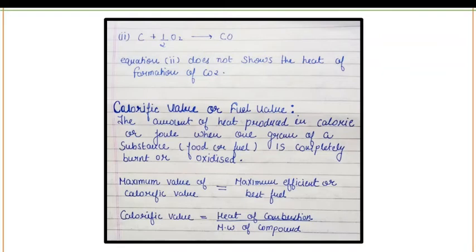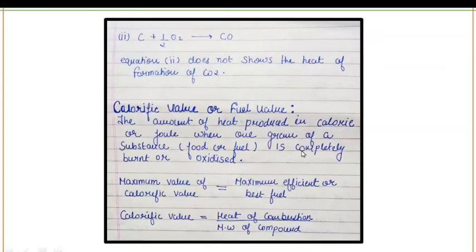Now a very important topic on combustion: calorific value or fuel value. It is the amount of heat produced in calories or joules when 1 gram of a substance is completely burnt.